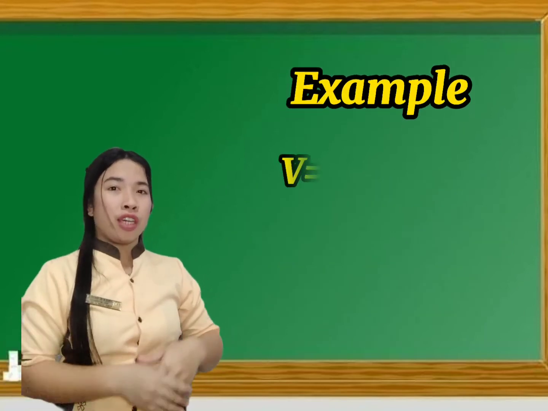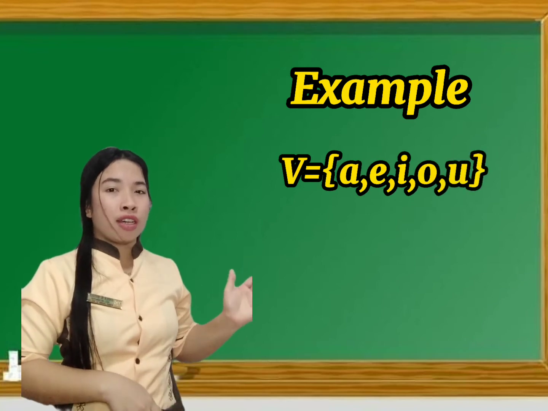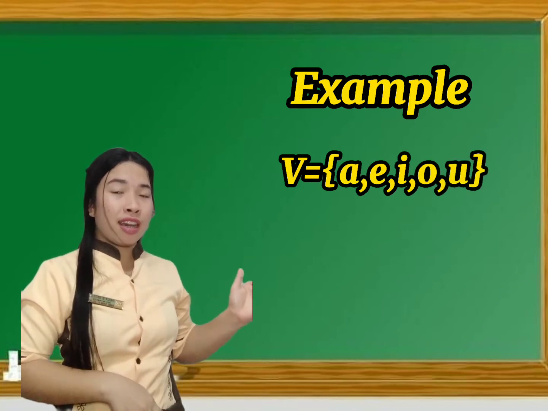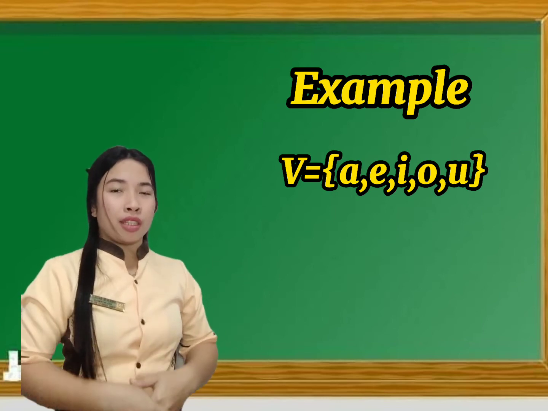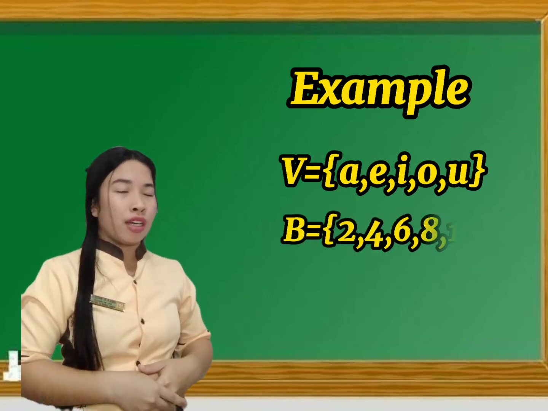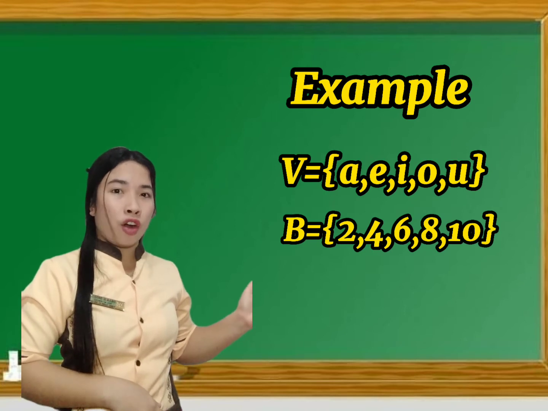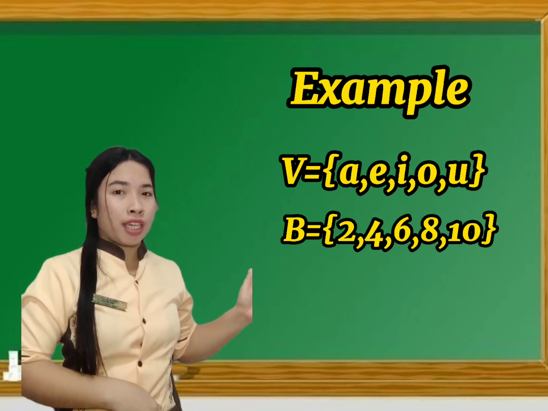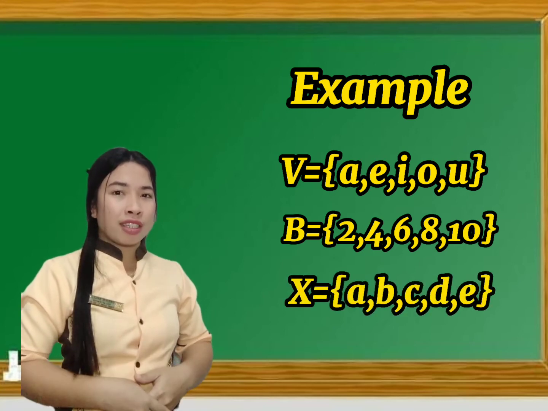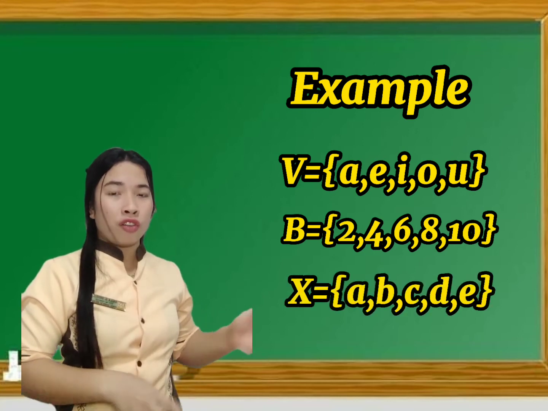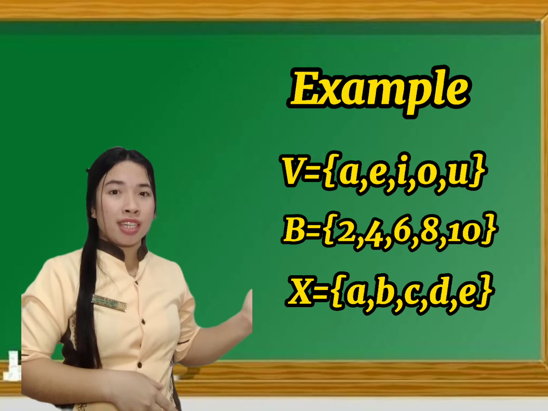Example, V is a set of A, E, I, O, U. Next example, B is equal to the set of 2, 4, 6, and 10. Next example, X is a set of A, B, C, D, E.